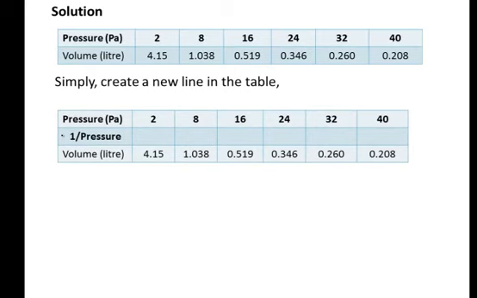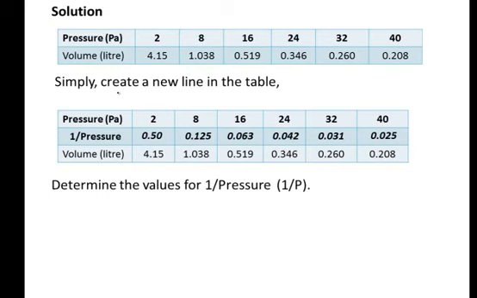Because we suspect volume is proportional to 1 over P, we want to calculate this value for each value of P. So we have P here, but what we actually want is 1 over P. So it's going to be 1 over 2, 1 over 8, 1 over 16, 1 over 24, 1 over 32, 1 over 40. That's where we're going to start computing. So there's our 1 over 2, 1 over 8, 1 over 16, 1 over 24, 1 over 32, and 1 over 40.